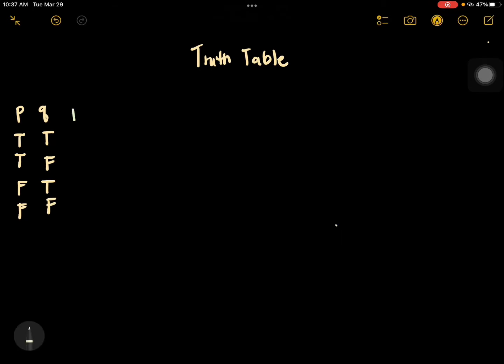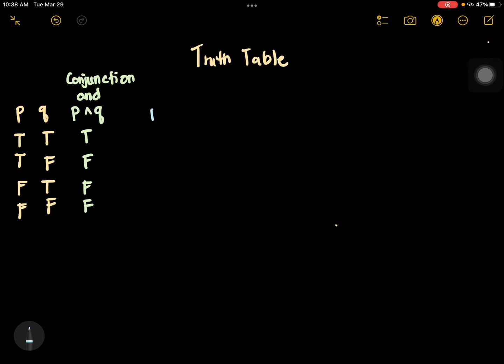The first one is P and Q. This is the symbol for and, which is conjunction. In conjunction, if all of the propositions are true, then the result is true. So we have true, true, true. Otherwise, if not all are true, it's false, false, false.